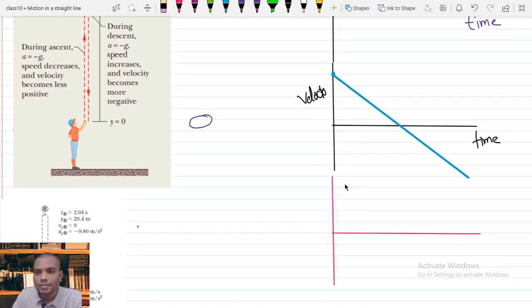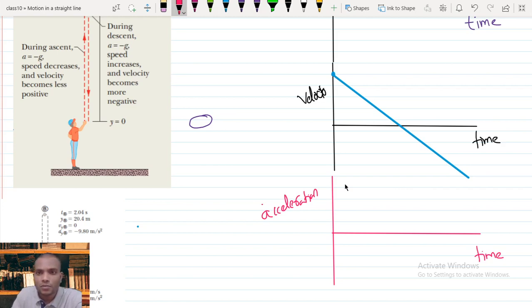Acceleration is along the y-axis and the other axis is time.